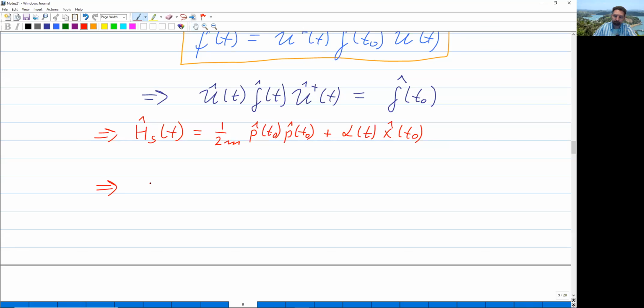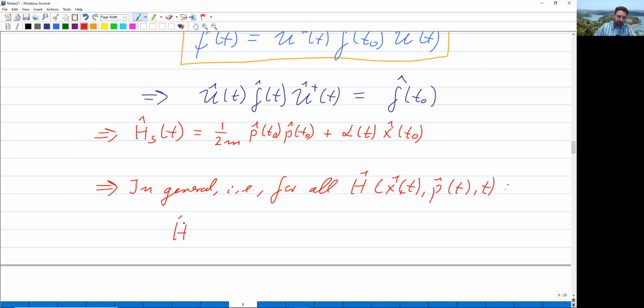So therefore, in general, that is to say, for all Hamiltonians of x hat of t, p hat of t and t, we have that the Schrödinger Hamiltonian is equal to the Hamiltonian that we started with, but with the observables frozen at the initial time.